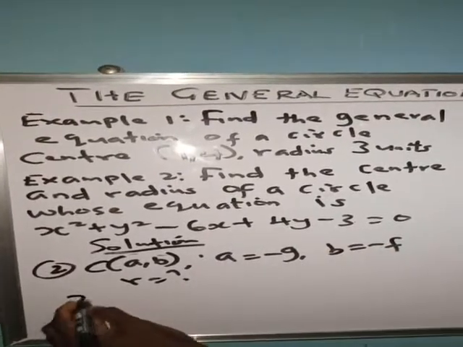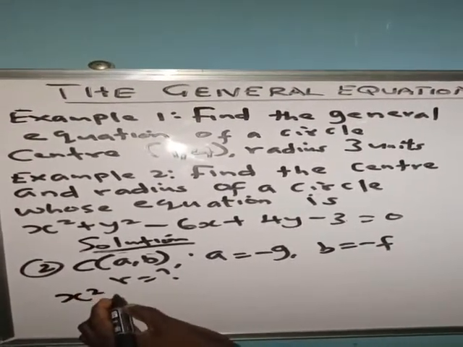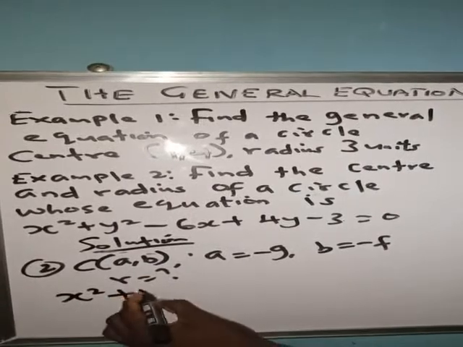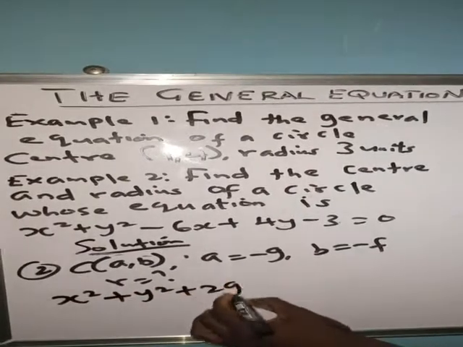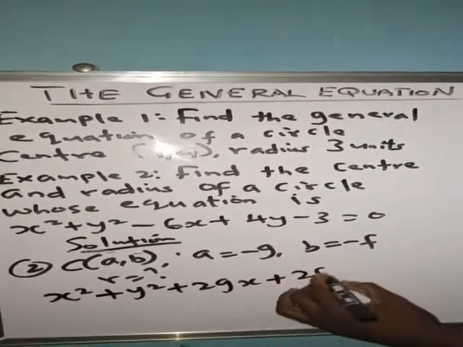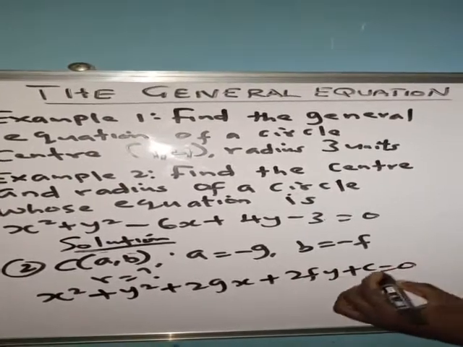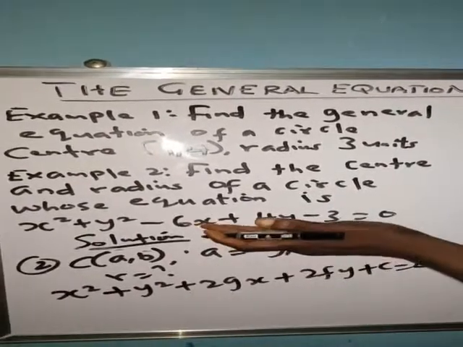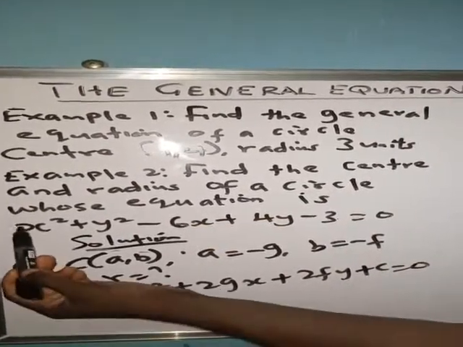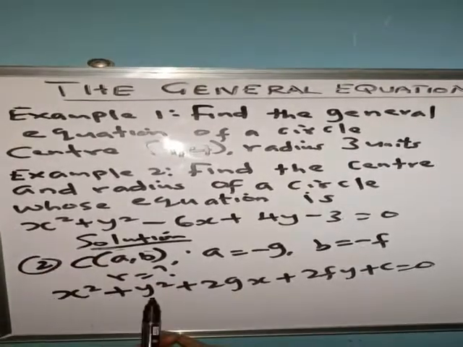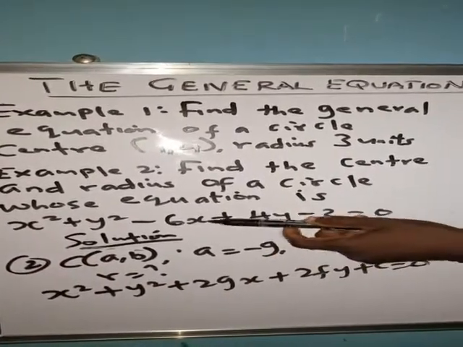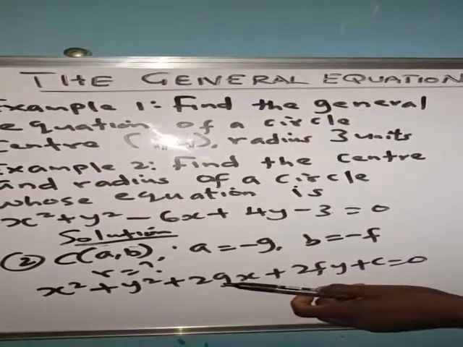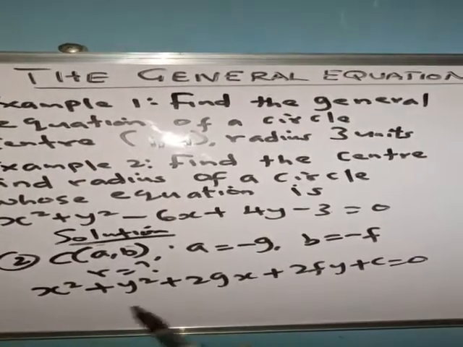We write the second format of the general equation of the circle, that is x² + y² + 2gx + 2fy + c = 0. Now you compare these two equations, you see that the coefficient of x² is 1 and here is also 1, and of y² is 1 and 1. So the coefficient of x is minus 6 and the coefficient of x is 2g.